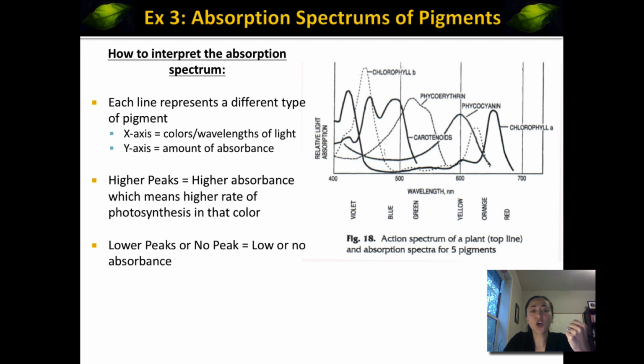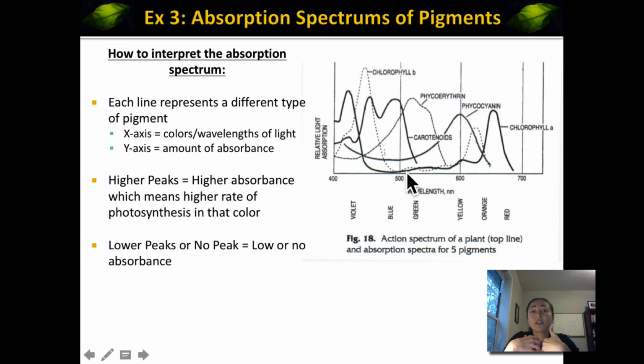Wherever you see a low peak, so let's look at this chlorophyll A line. Well, here's a very high peak, so that means it's absorbing a lot of the violet light. But as we go into the blue and green wavelengths of light, you can see that it's not absorbing that light. So if it's not absorbing the light, then what's happening to it? Well, if it's not absorbing it, that means it's reflecting it.